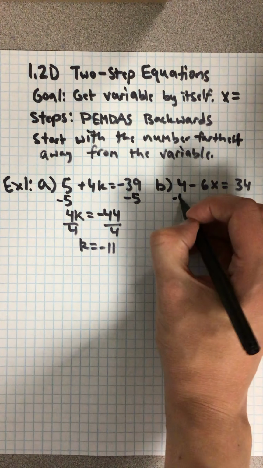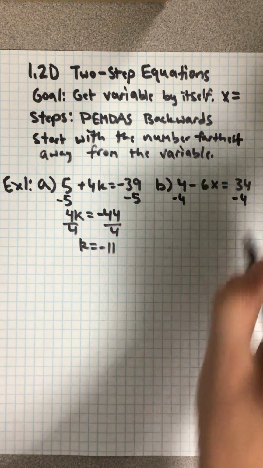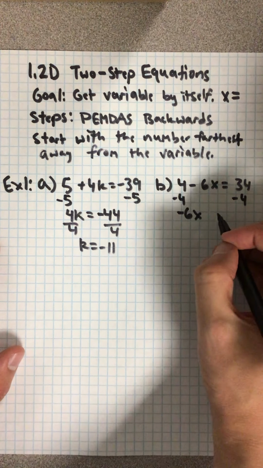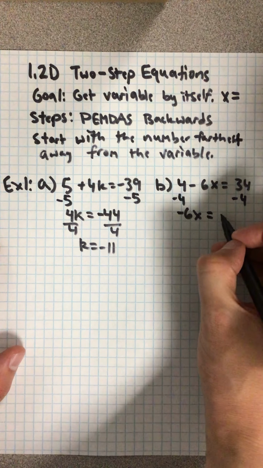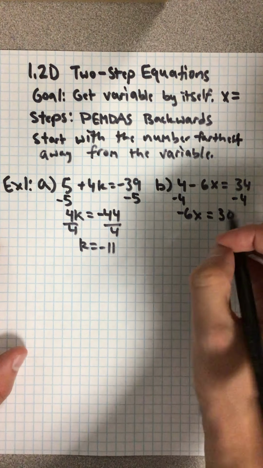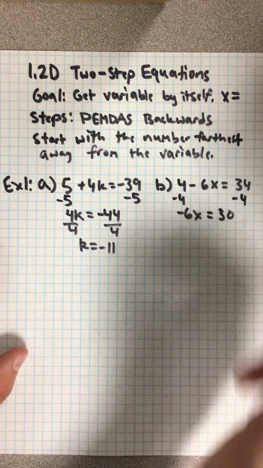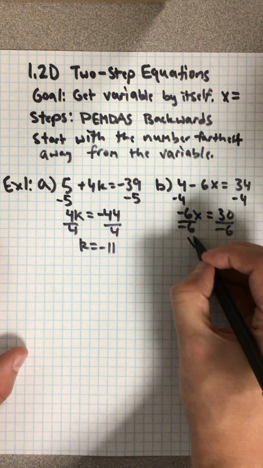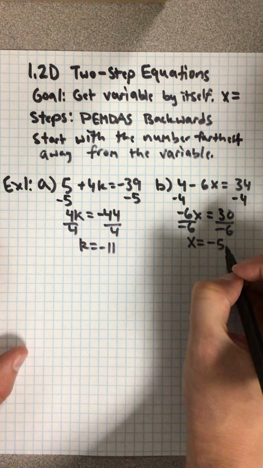Because this is positive 4, our opposite is subtraction. So what we end up with is negative 6x. That's still over here. These 4's cancel out. We have 34 minus 4, which is 30. Then, since this is a negative 6 times an x, we divide both sides by negative 6. And we end up with x equals negative 5.